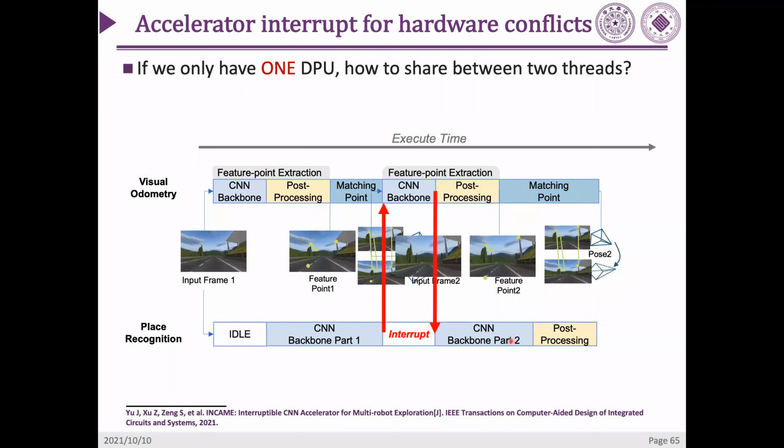But if we only have one deep learning accelerator on the robot, how do we share it between two threads?